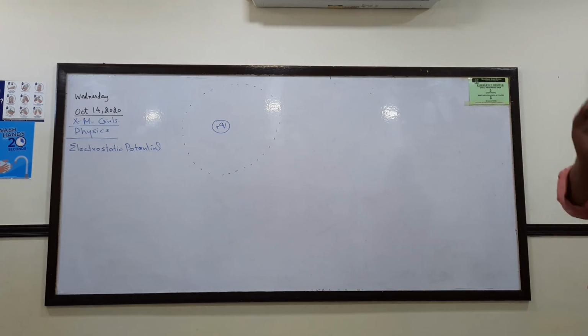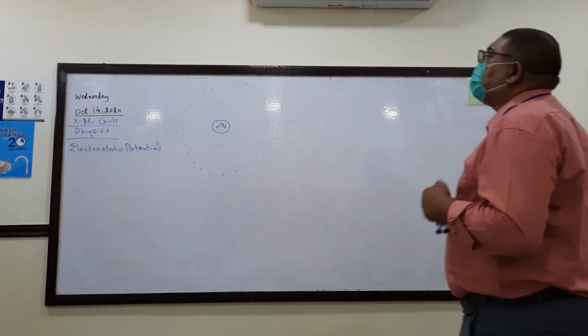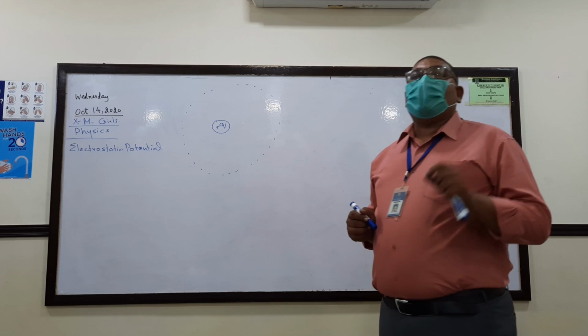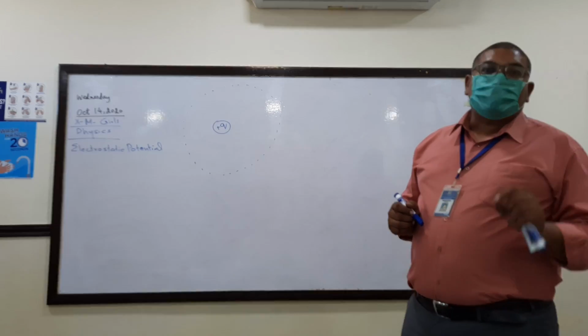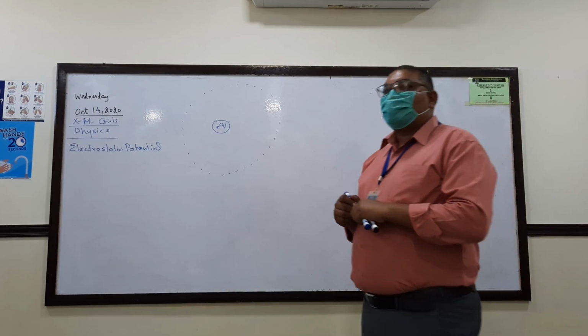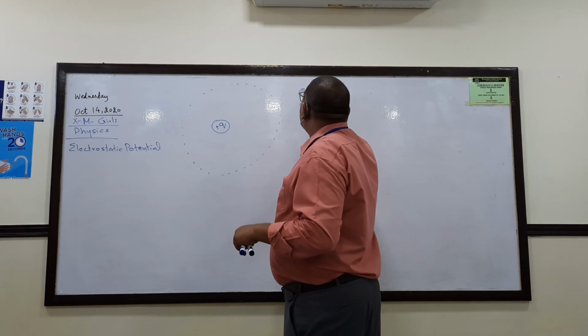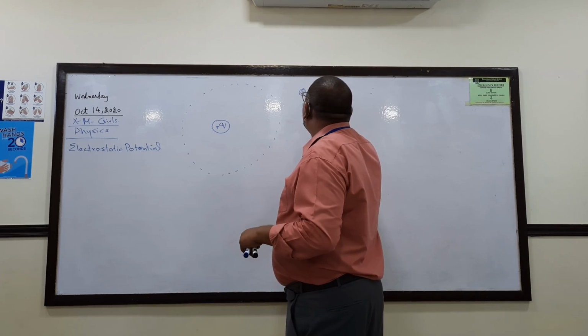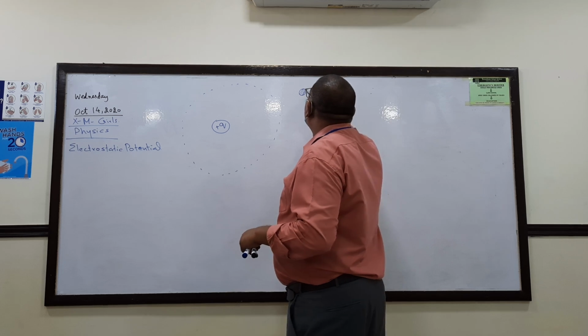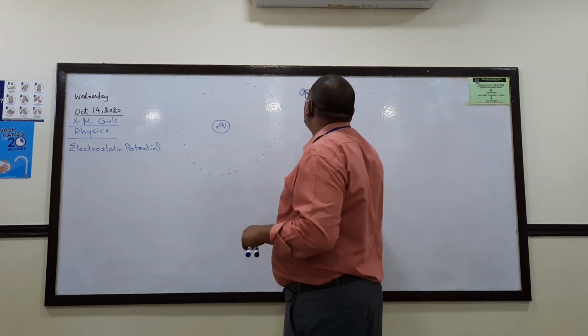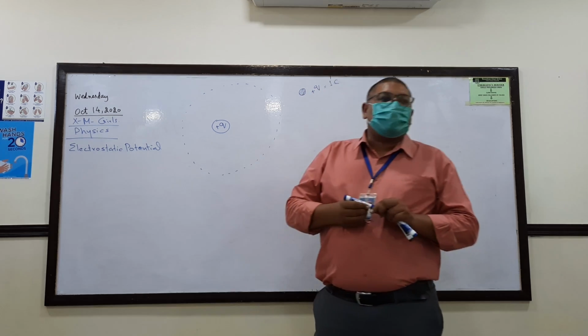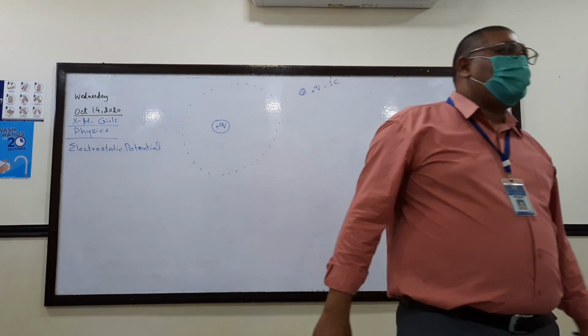For this purpose I will use a test charge, a unit positive test charge. Let me represent it. This is q, it is positive, and its charge is equal to 1 coulomb. So it's a unit positive charge, and I will use it as a test charge.